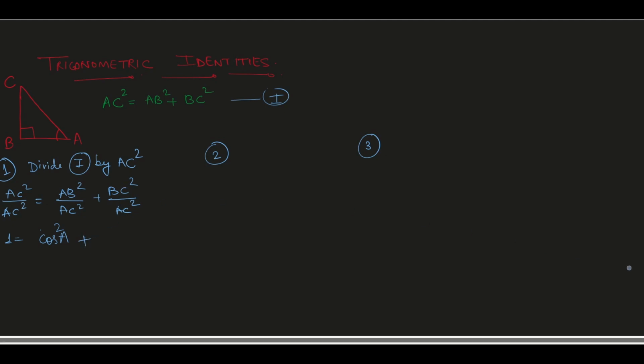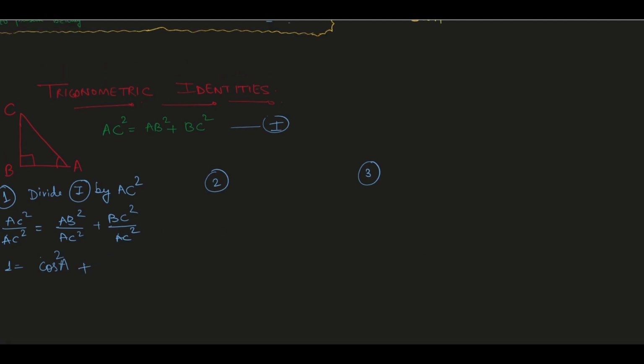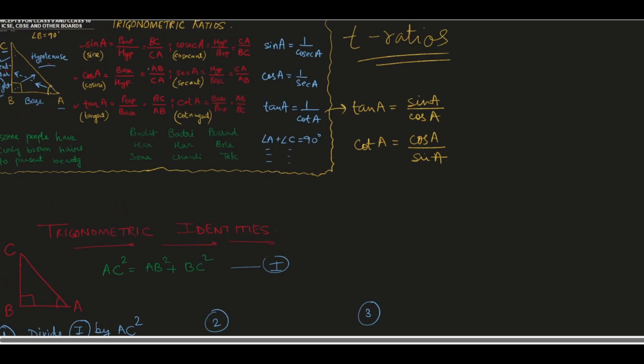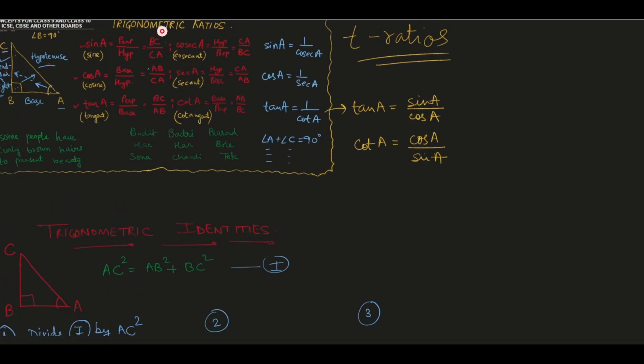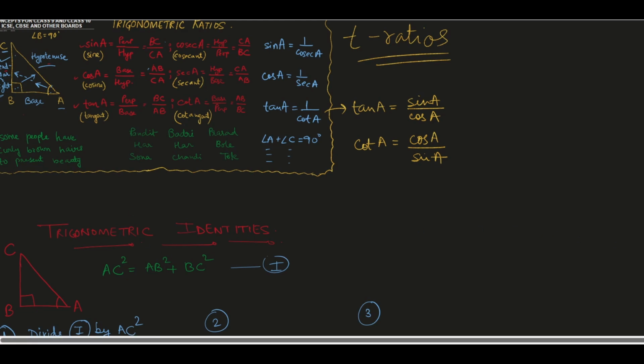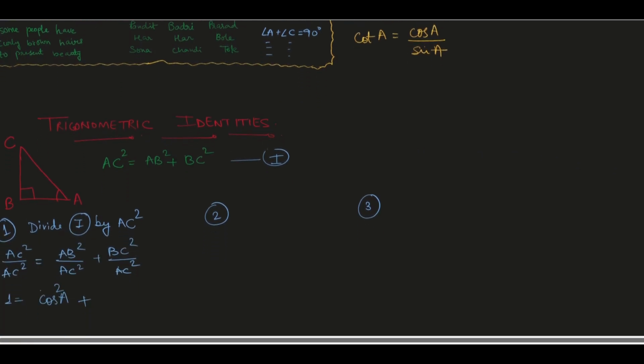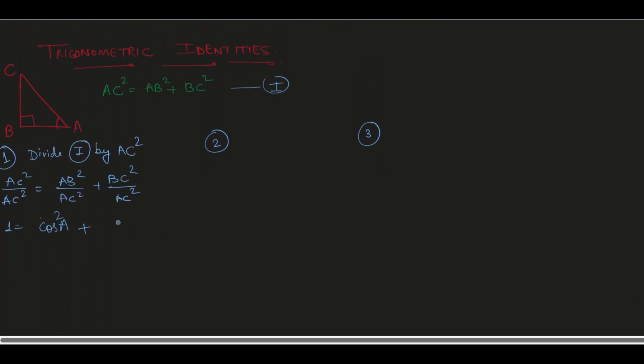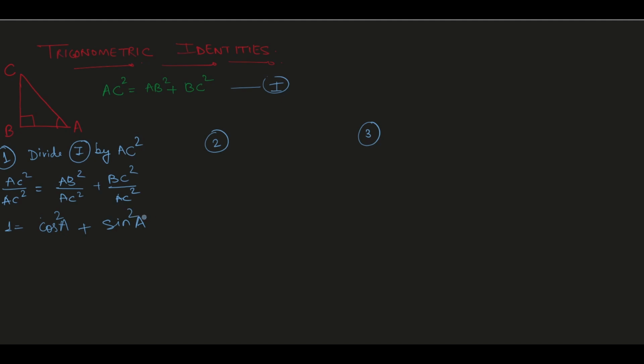Plus BC by AC. Again, let's go there. BC by AC. So here it is. This is BC by AC or CA. It's all the same. So this is sine A. And since this is in square, we'll write sine square A.